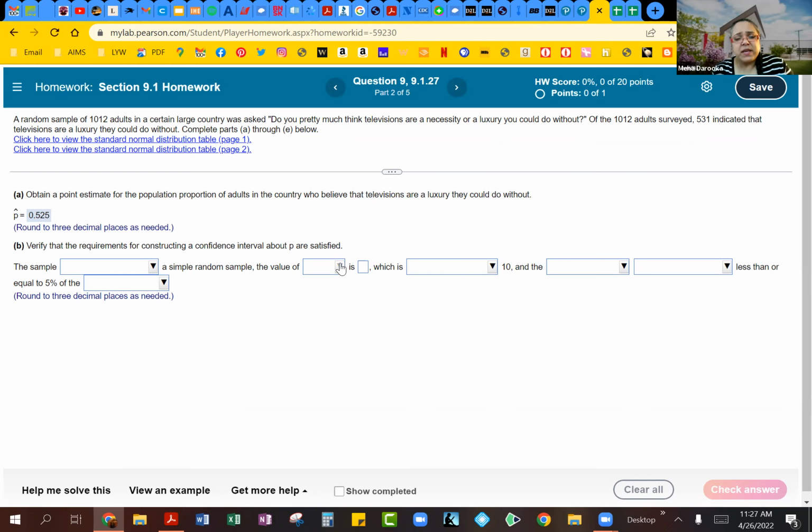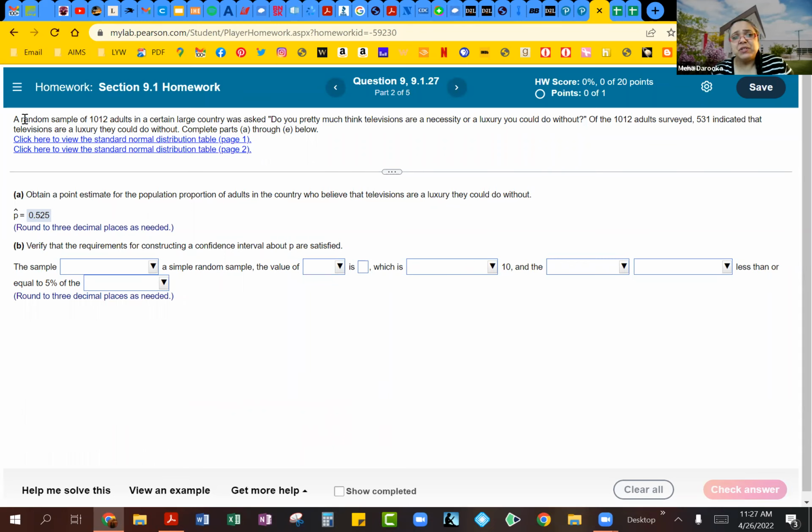And the other one is where you have to make sure that this calculation of n times p hat times 1 minus p hat, the very last one on the bottom, that number is actually going to be larger than 10. So there are some requirements when you're working with these confidence intervals, and you will see with different examples, they're going to have you check.